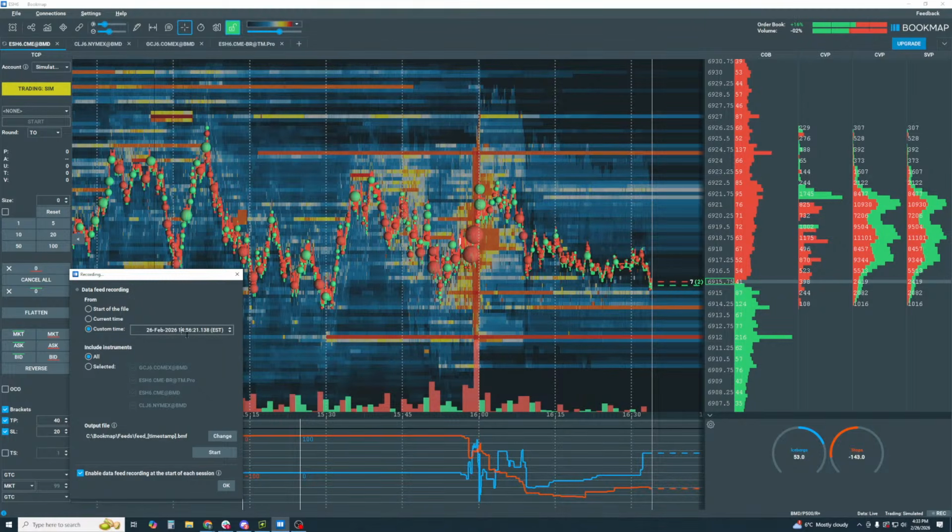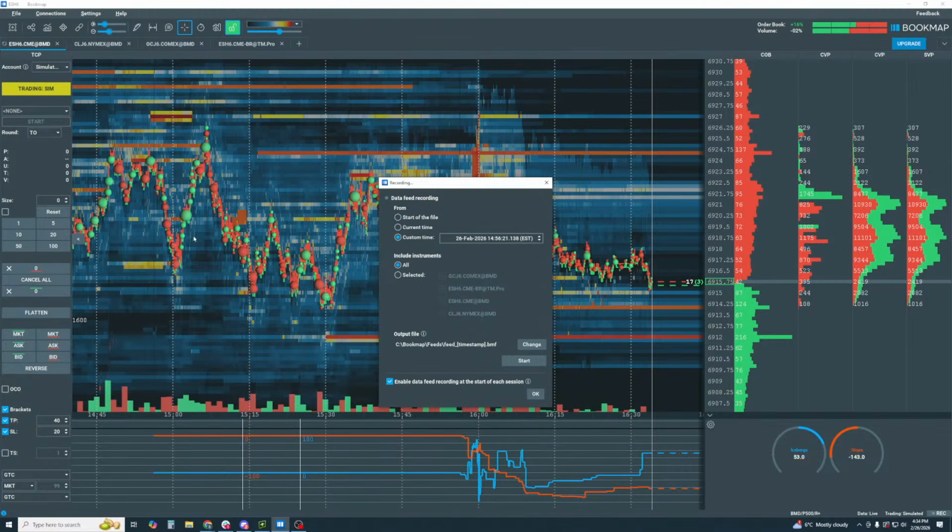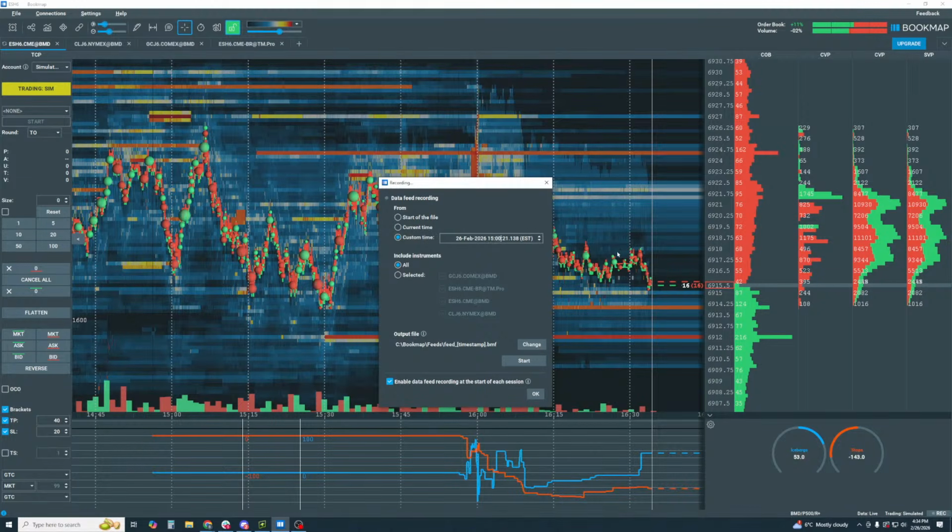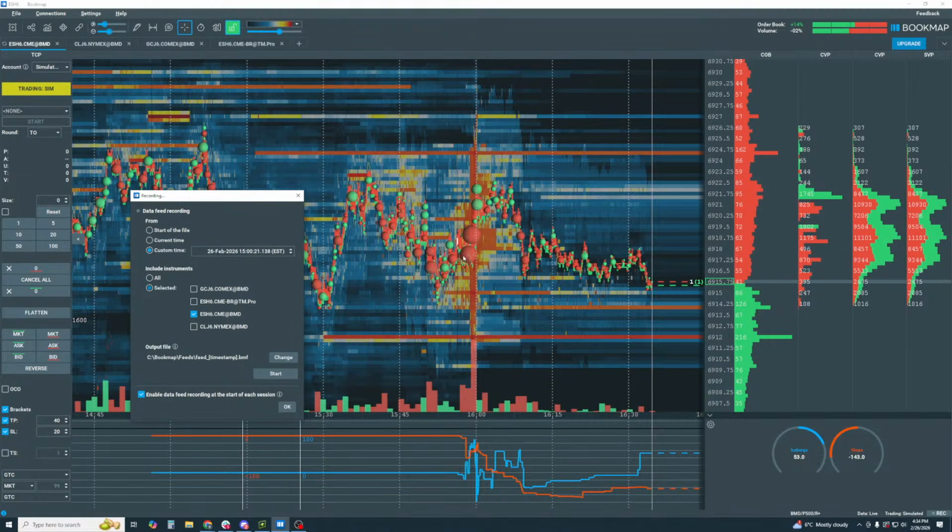It's a little tricky, but you have to hover over where you want to be. So after 3 o'clock here, you'll put in 1500, or actually let's go down to 14, and that'll kick us up to 1500, or 3 o'clock East Coast time. And another one in here is you can even select a smaller time frame if you like.